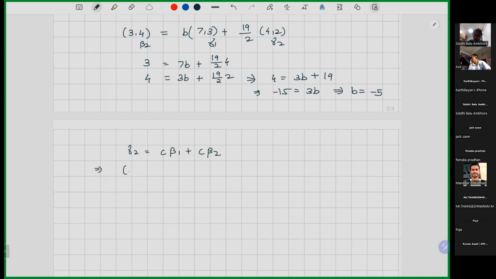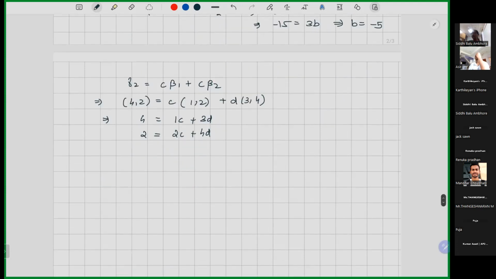And then 2 comma 4 comma 2 is equal to C times 1 comma 2 plus D times 3 comma 4. So this implies that 4 is equal to 1C plus 3D, and 2 is equal to 2C plus 4D. And now I have to solve this system of linear equations.